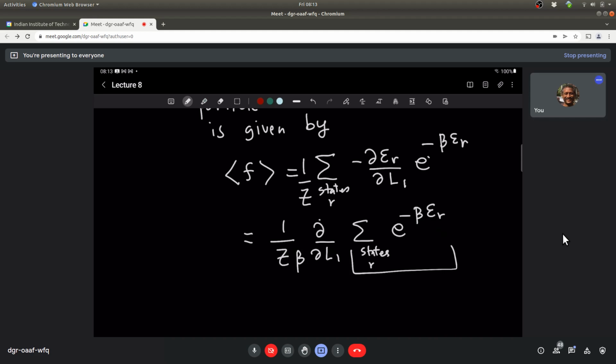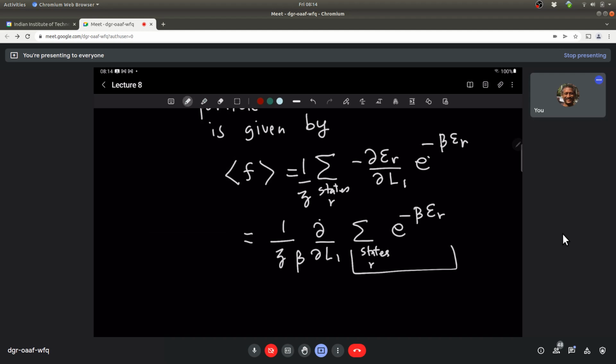What is this quantity? The partition function. Yes, 1 by z. Actually, one mistake I made here is that we are doing it for one particle, so I should write little z.